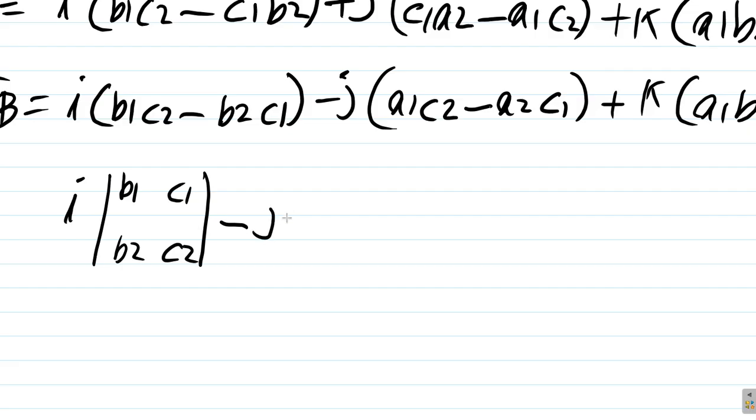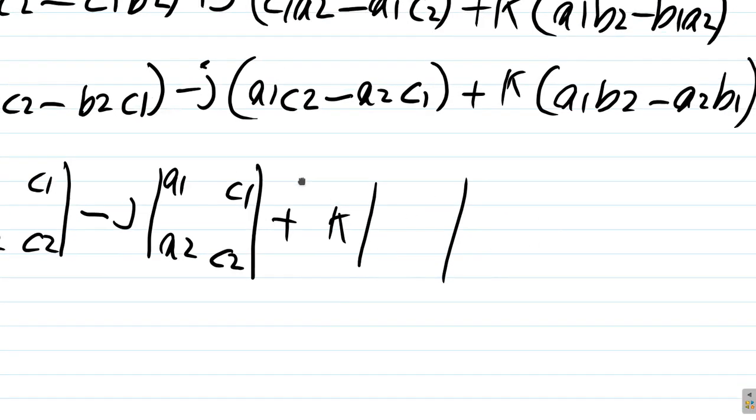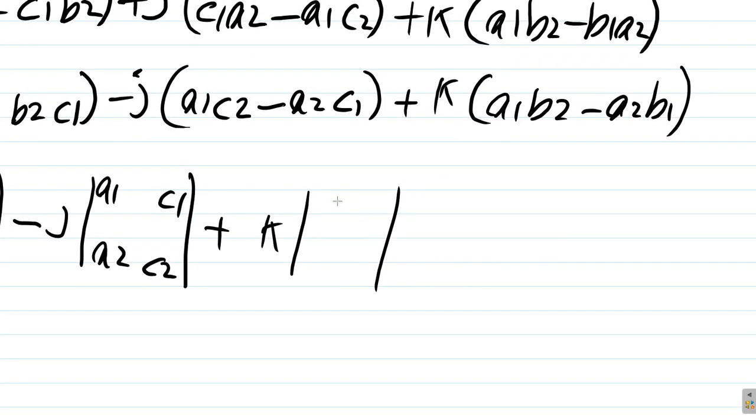Minus J times another determinant. So in this case we have A1C2 minus, say this is C1A2, you see that, plus K, and we have another determinant here. So we have A1B2 minus then B1A2. Interesting.